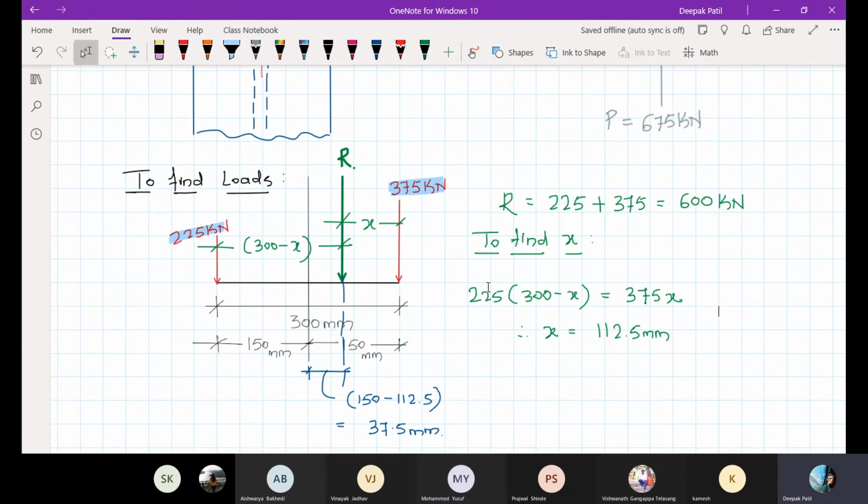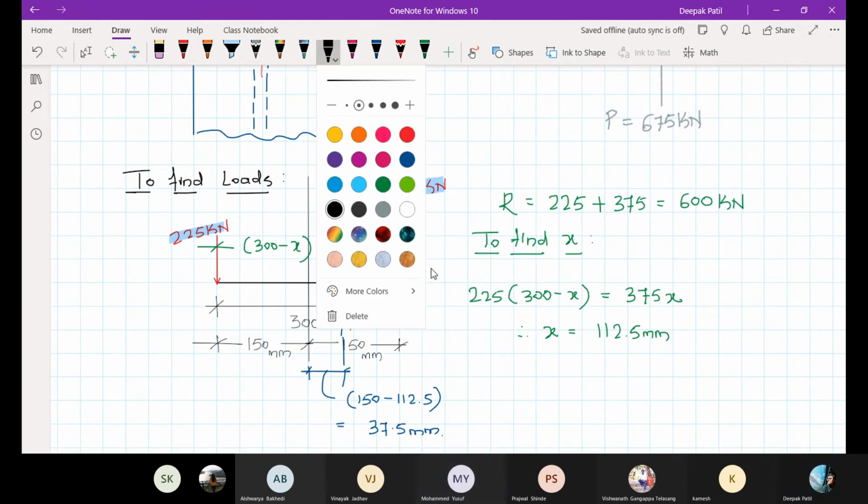Clear, sir. Okay, so in this case I have calculated the resultant of this 225 and 375, and I also calculated at what point this resultant will act. At least now you should be able to find out the Mz. So 225 into 112.5.